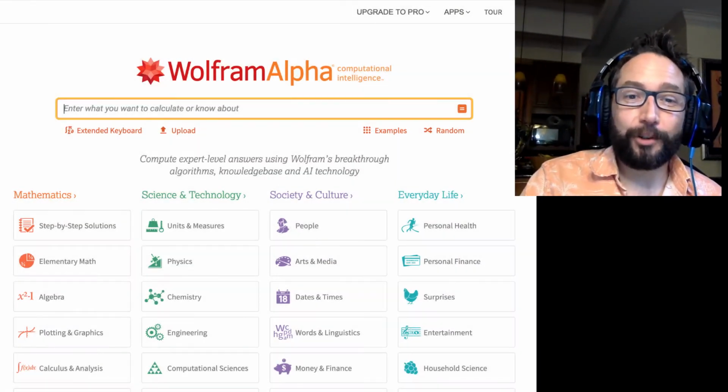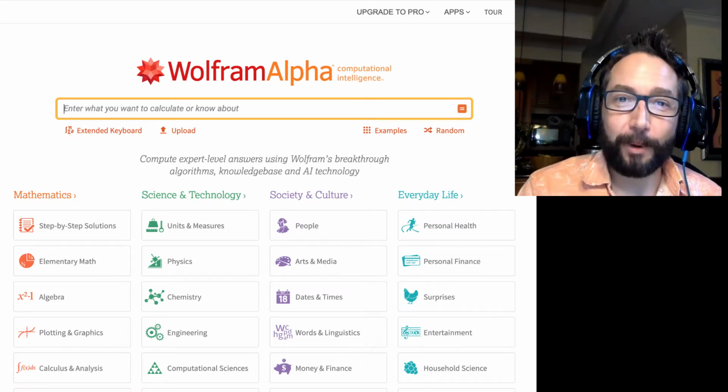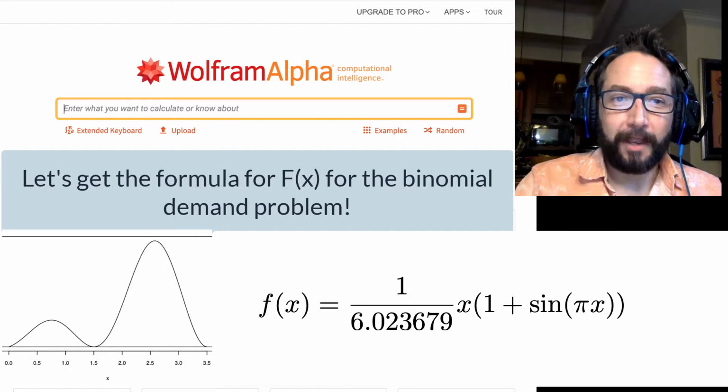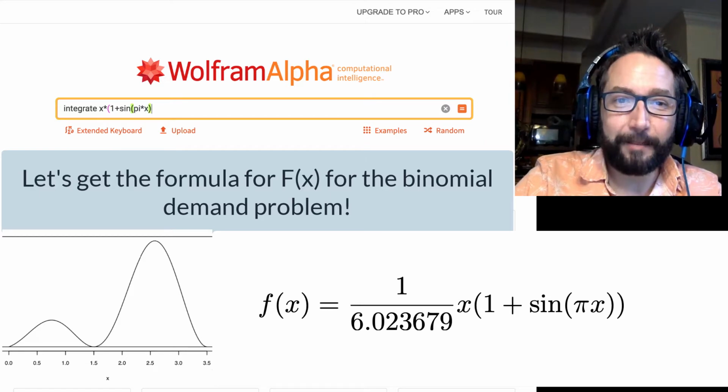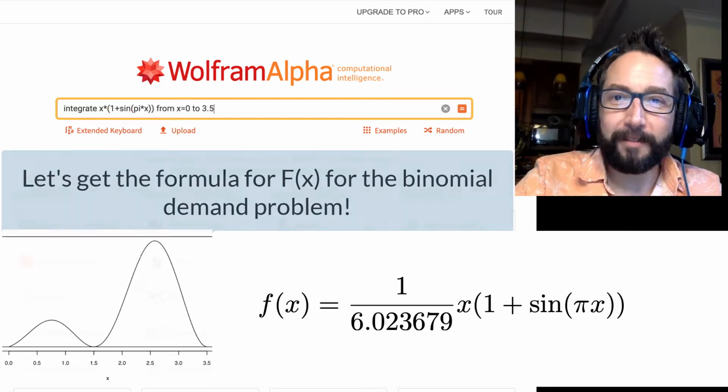Let's head on over to Wolfram Alpha and see how we could get this for the bimodal demand example. Previously we had the function x times 1 plus the sine of pi times x, going from x equals 0 to 3.5.